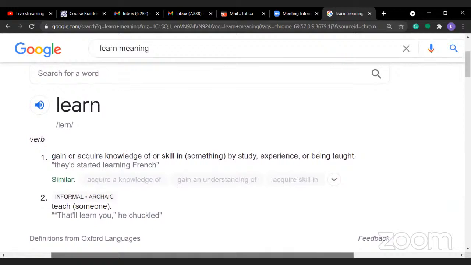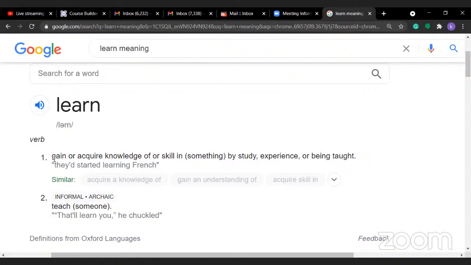Alapa in English is translated as learn. Alapa in English means learn. Here we are, learn. As a verb, remember we're dealing with verbal roots, so we'll look at the verb.